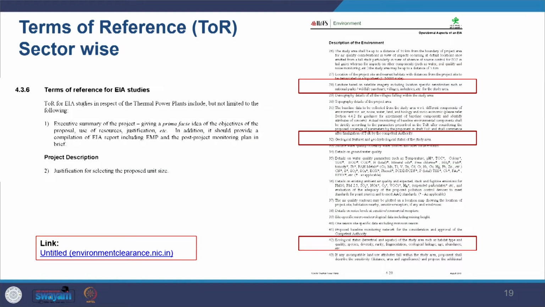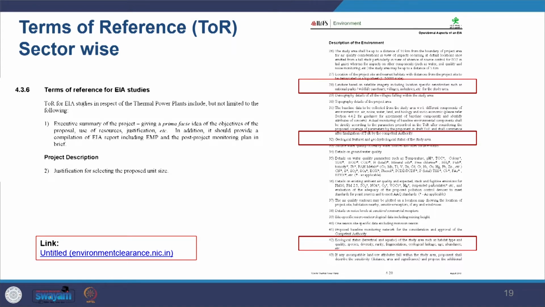You can see in the terms of reference, I have highlighted in a box, that land use based on satellite imagery, including locations, specific sensitivities such as national parks, wildlife sanctuaries, all need to be described. Then, number 32, geological features and geohydrological status of the study area have to be given, and also surface water quality of nearby water sources and other drainage.